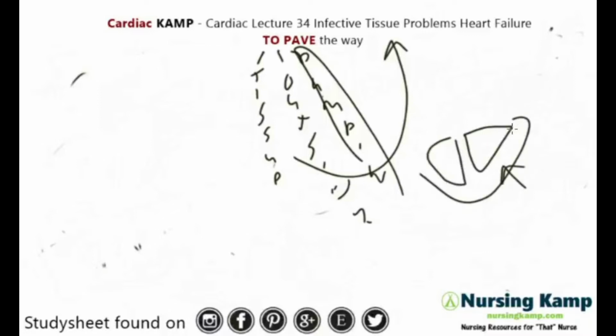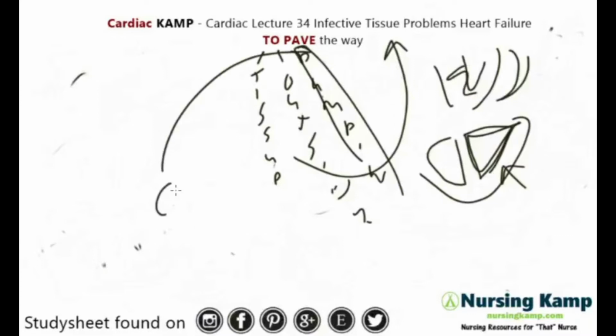But we haven't gotten into cardiomyopathy, dilated versus hypertrophic, yet. That's another lecture a little bit later. And then A, we covered with CAD, arteries, in MI and angina. And then V for valves.